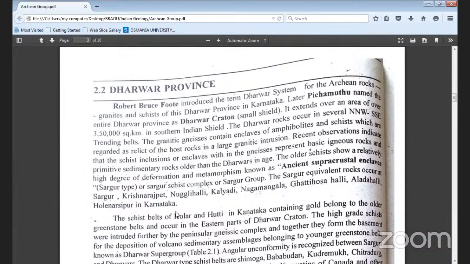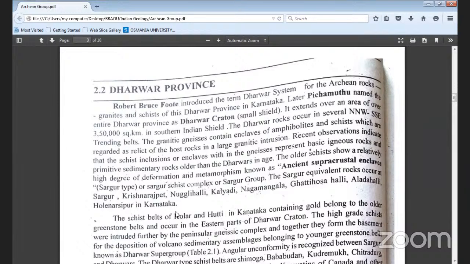Recent studies indicate that schist inclusions are enclosed within the gneiss, representing basic igneous rocks and primitive sedimentary rocks, which are older than the Dharwars in age.